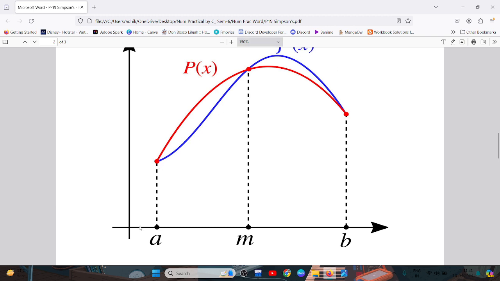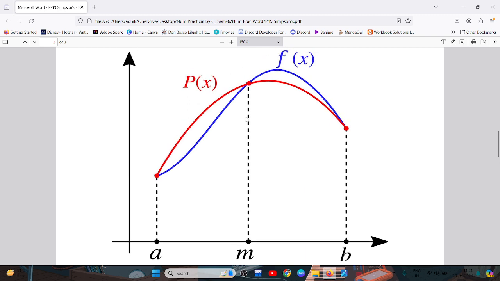Geometrically, this is the curve y = f(x) in blue color. This is the x-axis, the horizontal axis, and the vertical y-axis. This is the point x = a, x = b, and this dot is the point (a, f(a)), and this point is (b, f(b)), and this midpoint M is (a + b)/2, a point on the curve with value f((a + b)/2).